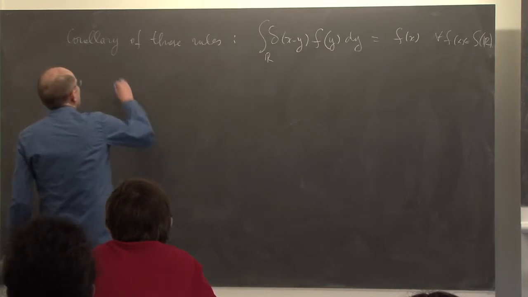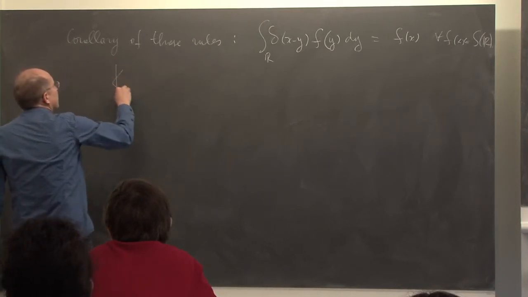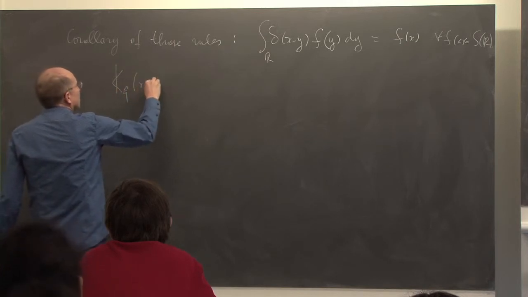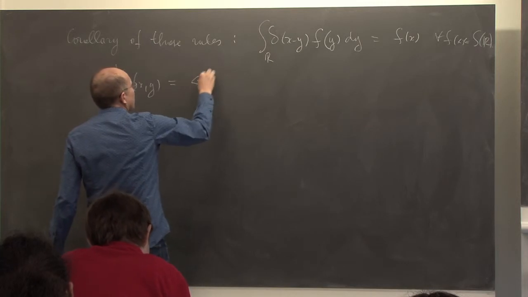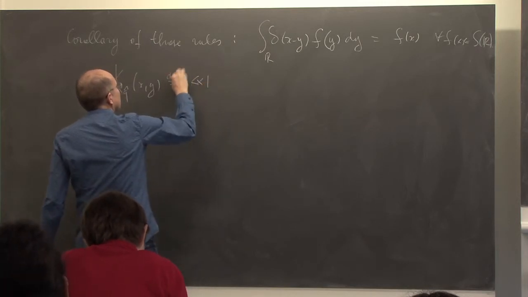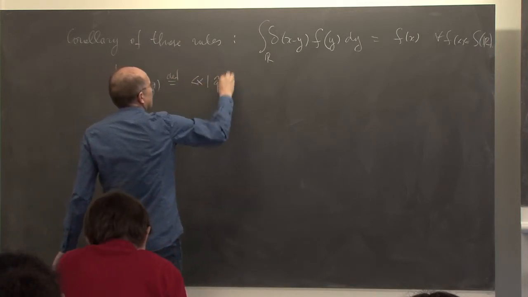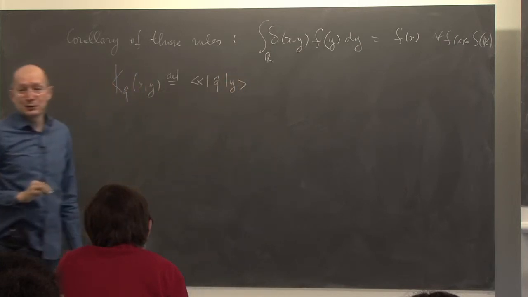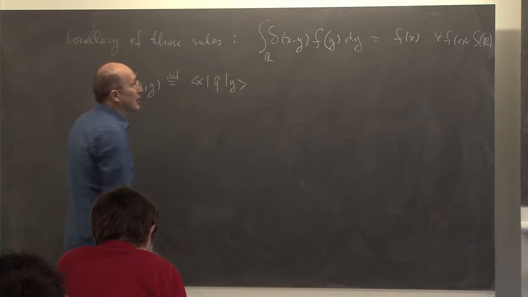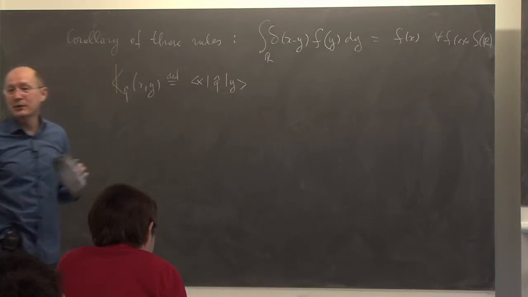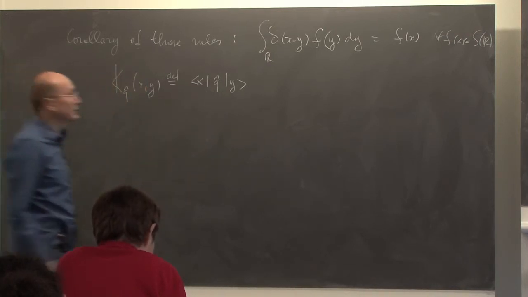And now, how about the kernel of q, x y? Then what we have, by definition, is this, right? We sandwich q hat between bra and ket, with labels x and y, and then we recall the second definition of q hat.